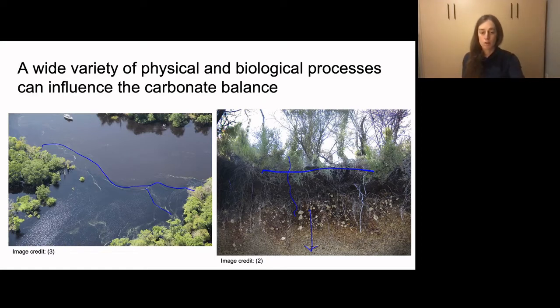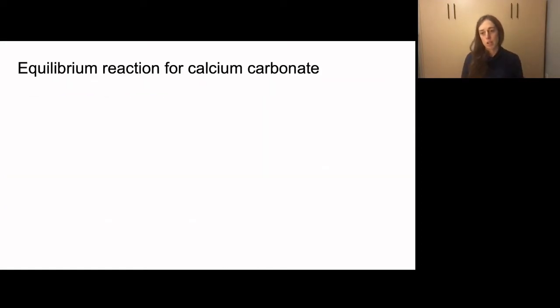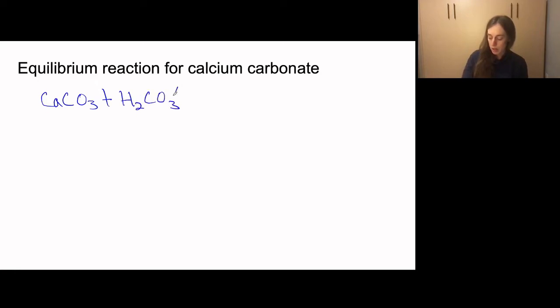So we're going to run through each of those, but a nice way to think about it is using the equilibrium reaction for calcium carbonate. So that equilibrium reaction is this. We have CaCO3, that's calcium carbonate, plus our carbonic acid, H2CO3, and this is the combination of both CO2 and carbonic acid, just to remind you guys.